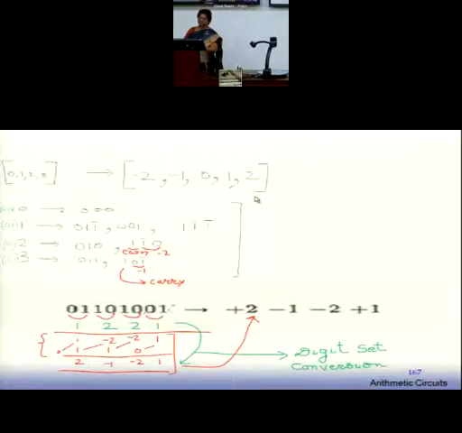How do you convert? Earlier you had a representation for 0 as 0, 0, 0, 1, 1, 0, 1, 1. Now I will take 3 bits because the redundancy is there. So 0 is represented as 0, 0, 0. Now for 1, you can have multiple representations. 1 can be, in radix 4, 4 minus 3. So you can have 0, 1, 1 bar, or 1 minus.